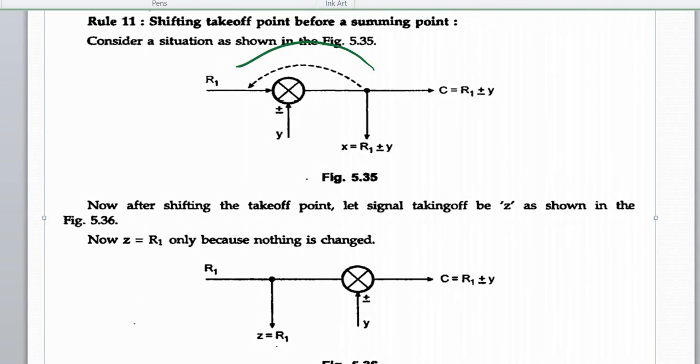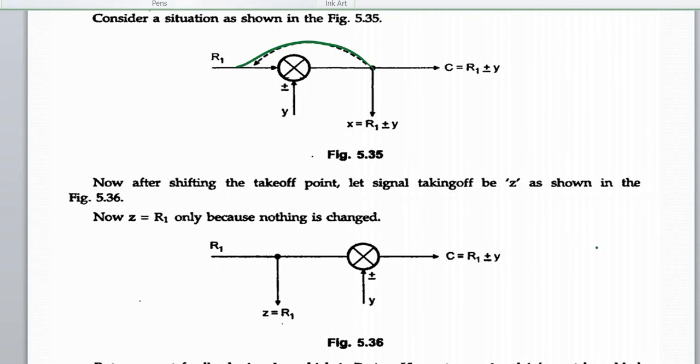I will draw it here. There is this summing point. This is C, and this is the takeoff point. Here is the takeoff point, and here what I have to do is, this is plus or minus y.